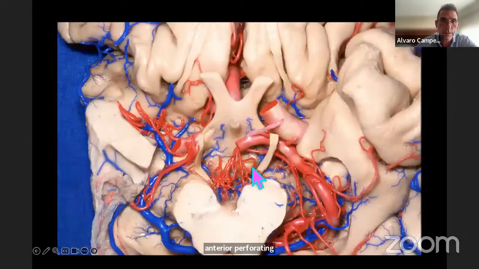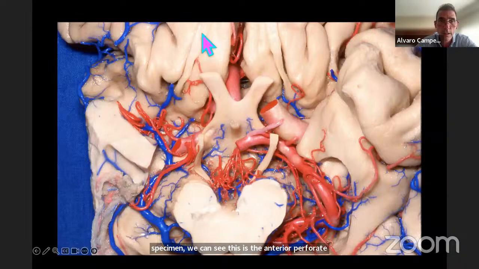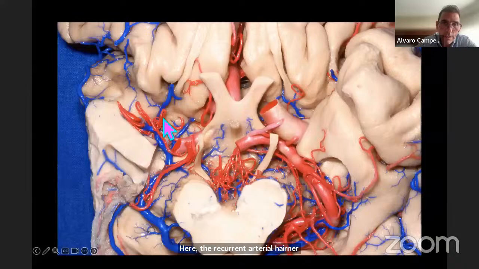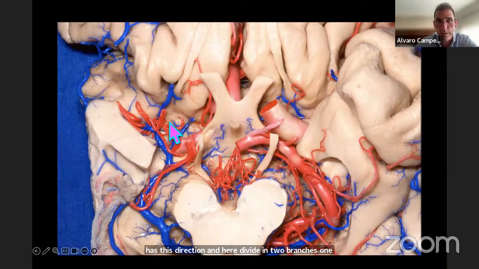So here in this other specimen, we can see the anterior perforate substance. This is the olfactory tract, optic nerve, pituitary stalk, third cranial nerve, and mesencephalon. Here the recurrent artery of Heubner has this direction, and here it divides into two branches, each perforating the anterior perforating substance.